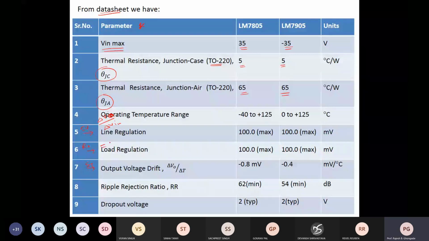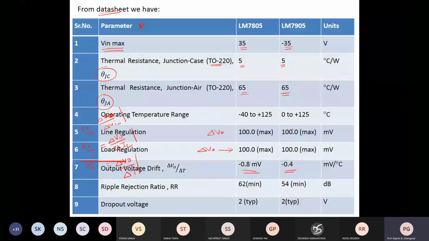RO was defined as delta VO by delta IL, of course, the other two things remaining constant. ST was defined as delta VO by delta T. Here you see that the temperature stability is given in millivolts per degree Celsius. Whereas here it is not directly mentioned in terms of delta VO by delta IL, but it is mentioned as change in the output voltage. So delta VO here also and delta VO here also.